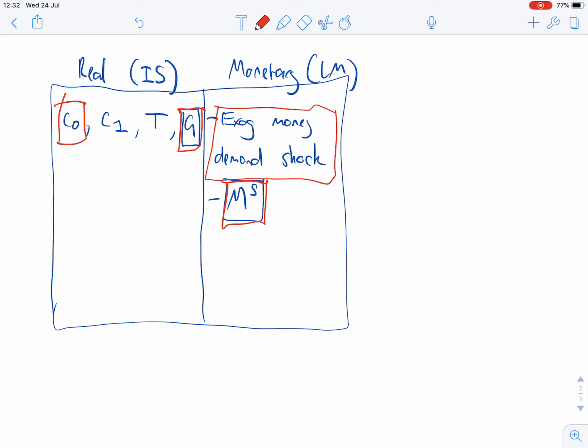They attempt to try and offset or stabilize short-run levels of output. So they observe that there's, for example, some exogenous money demand shock, and they then respond by either changing G or changing money supply in order to offset the short-run impacts of that initial shock.